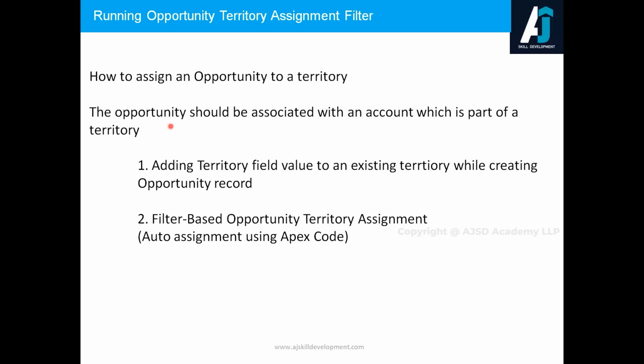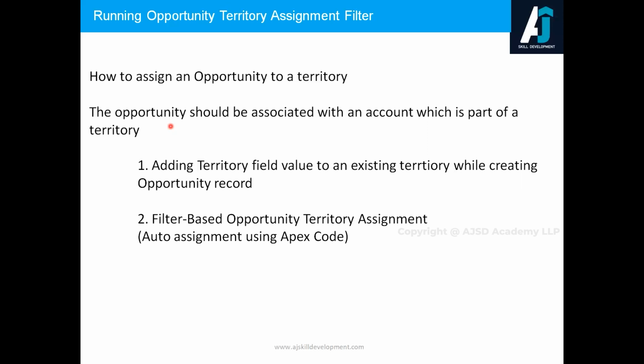So the opportunity should have a parent account, and that parent account should be a member of a territory. Then only, when you are creating an opportunity using the opportunity assignment filter, can we assign the opportunity under a territory. This can be done in two ways.